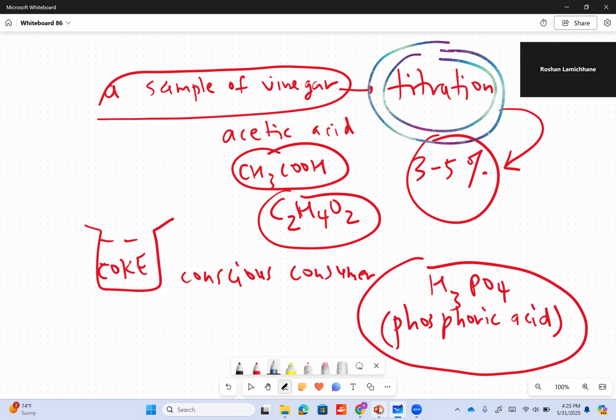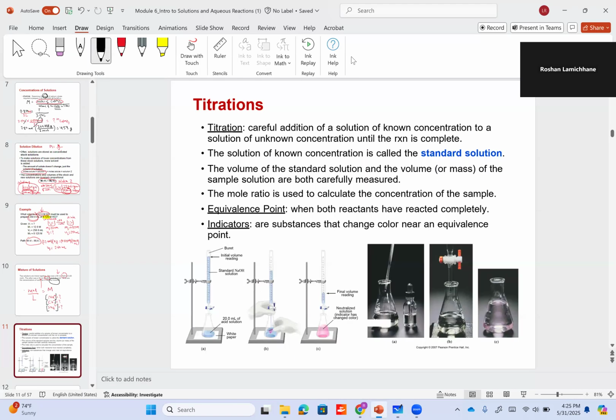What are you doing in the titration? The setup looks something like this. You have something called a burette. And then you have a flask, and the flask is where you have your unknown sample. In your lab, it was the sample of vinegar that contained an unknown amount of acetic acid. Then you add an indicator to it.